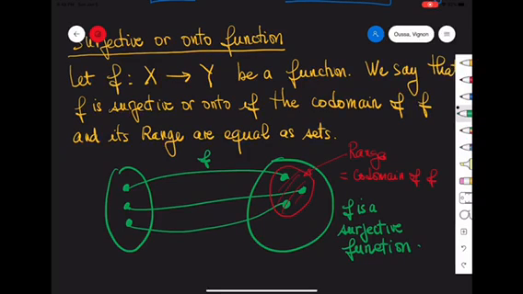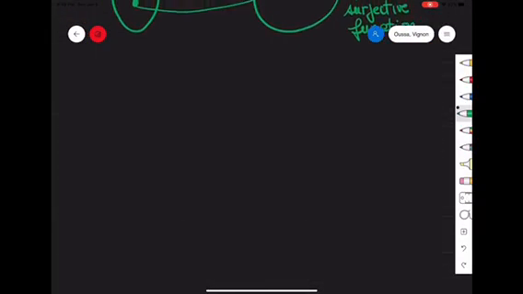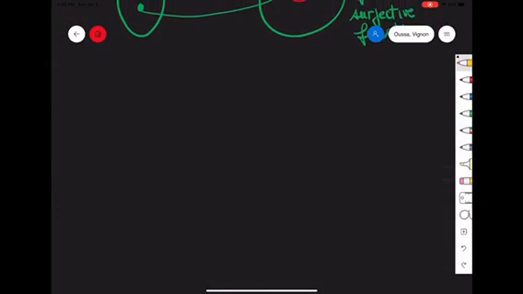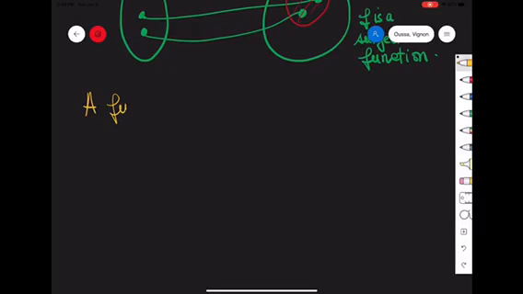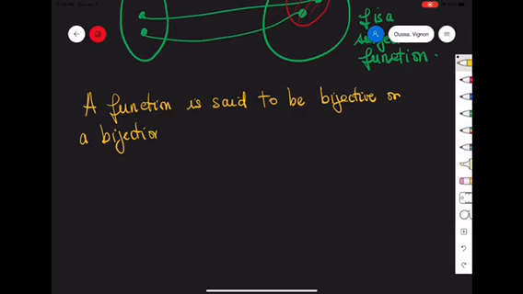Now let's talk about what it means for a function to be bijective. A function is said to be bijective, or a bijection, if it is injective and surjective.